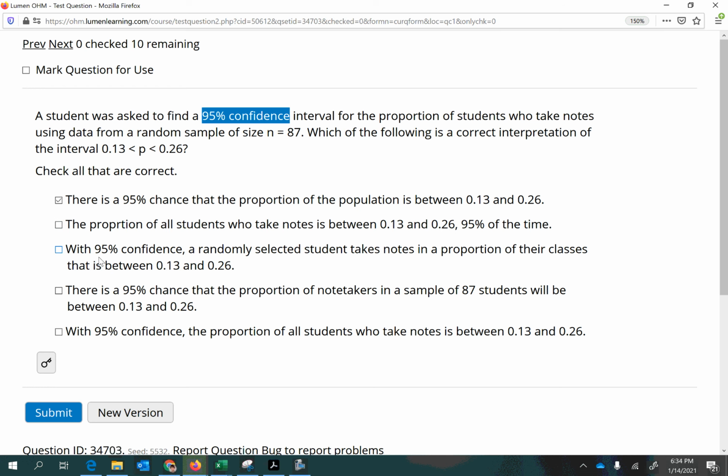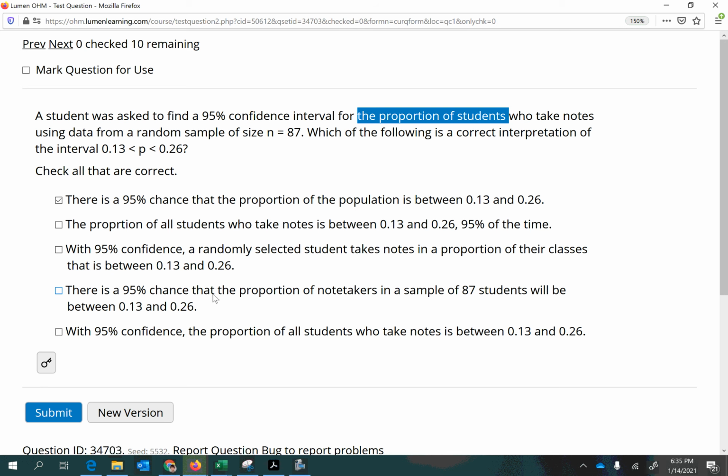The third one says, with 95% confidence, a randomly selected student takes notes in a proportion of their classes that is between 0.13 and 0.26. That doesn't sound right, because we were doing a confidence interval estimate for the proportion of students who take notes, not what percentage of classes students take notes in.